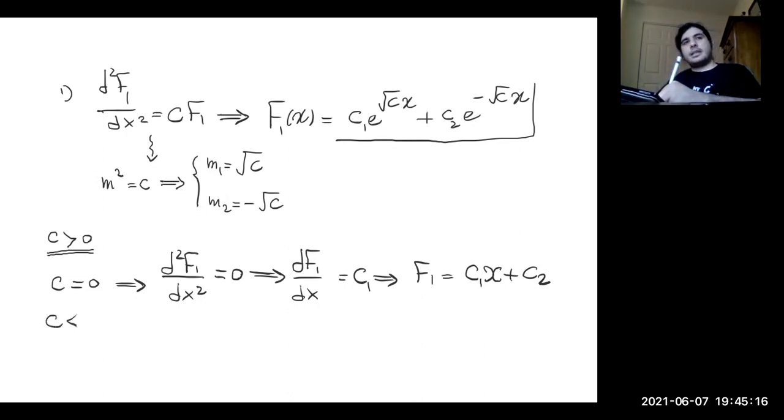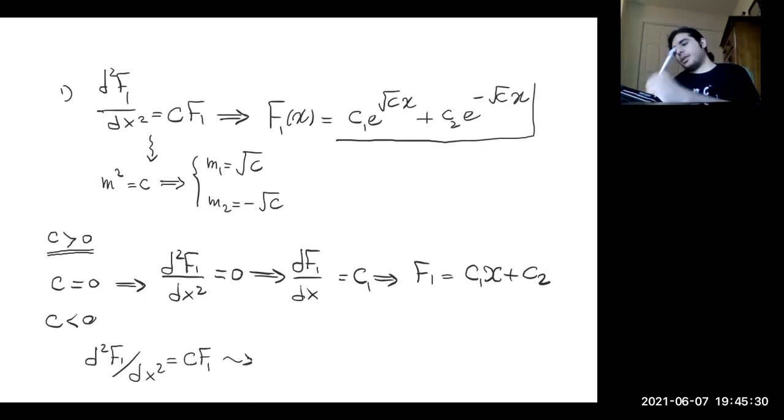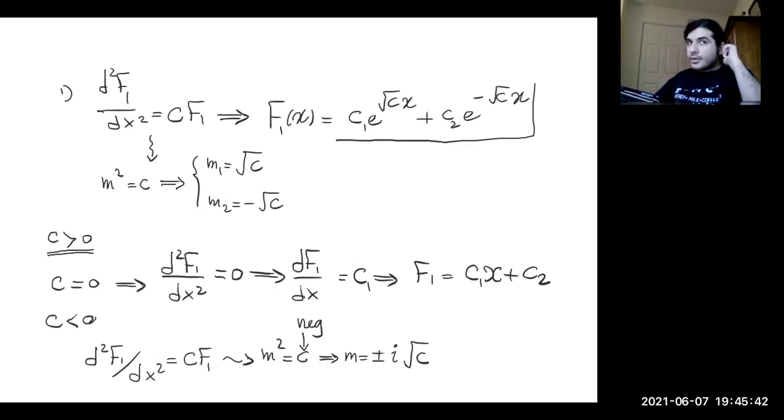And if c was negative, what would we get there? We would have the second derivative of f1 with respect to x equal to a negative number times f1. So the characteristic polynomial would have been m squared equals c, where this is a negative number. So m would be equal to plus or minus i times the square root of c. Here we only have the imaginary part.